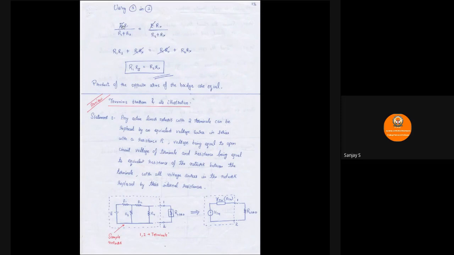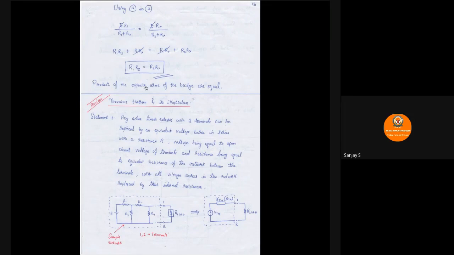So E gets cancelled out. You are left with R1 by R1 plus R2 is equal to Rx by Rs plus Rx. Cross multiply: R1 Rs plus R1 Rx is equal to R1 Rx plus R2 Rx. So here R1 Rx gets cancelled out on both sides. You are left with R1 Rs is equal to R2 Rx.